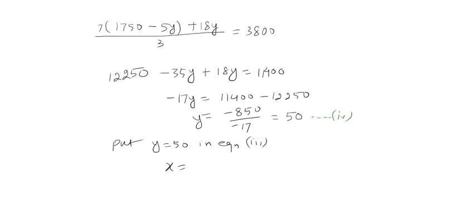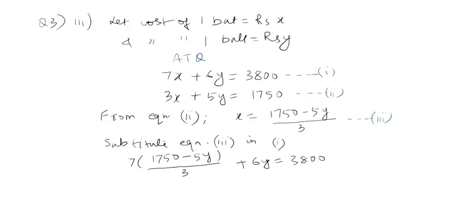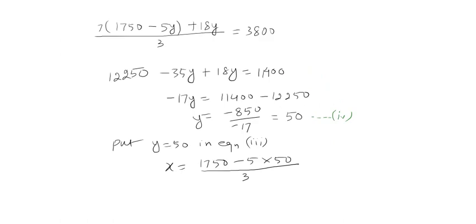So x is equal to (1750 minus 5 into 50) upon 3. I can see the value of x, but this is the value in which I have to substitute. So in place of y, we write 50. So now we have to calculate this one.